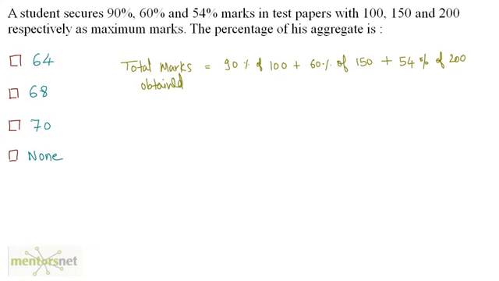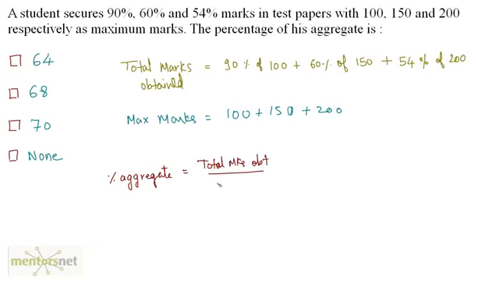Now the total of maximum marks is the sum of all of these maximum marks. So we have 100 plus 150 plus 200, and the percentage of his aggregate will be given by total marks obtained divided by the maximum marks times 100.